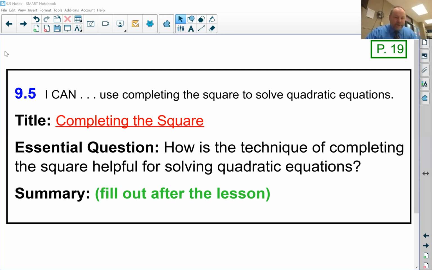And I have some on my smartboard, but there is also a version of virtual algebra tiles, and they are loaded into your 9.5 folder, and I'll show you that here in just a second.